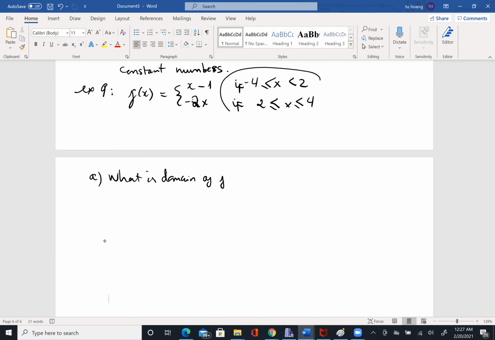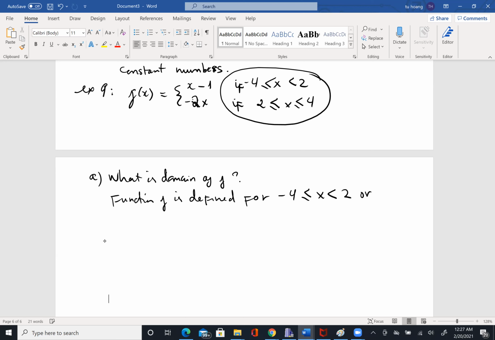In order to find the domain of f, you just take a look at the 2 intervals and try to combine them to see what the domain of f is. You say function f is defined for negative 4 less than or equal to x less than 2 or 2 less than or equal to x less than or equal to 4.